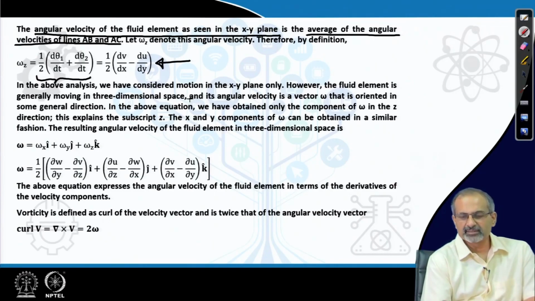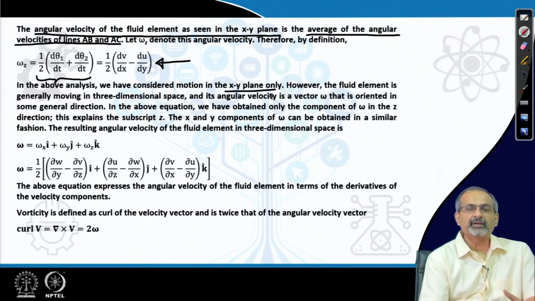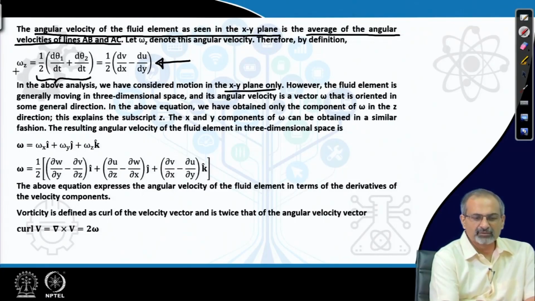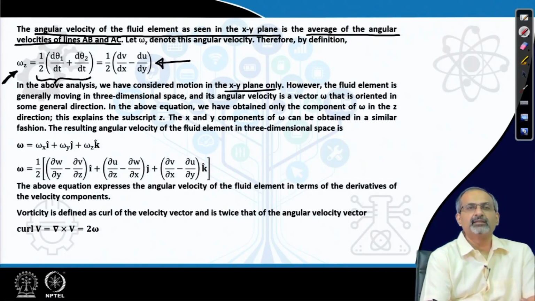So, here we are considering only the effect in the xy plane, but in a three dimensional motion, effect in other planes will also come in, and in general the angular velocity will have multiple components. Here we are marking it as z component, because that is the component which is coming out of the xy plane, let us say.